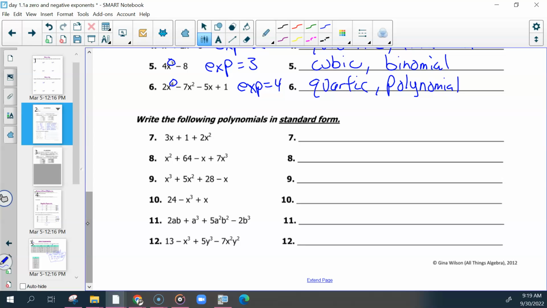So for this one, which one would go first? 2x squared. And then 3x. And then 1. So we want it in decreasing exponent order.